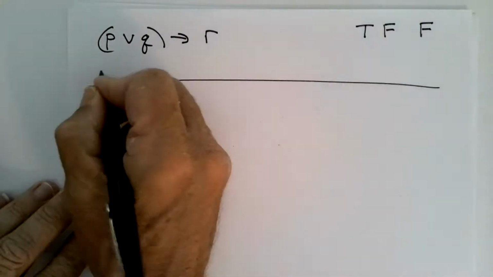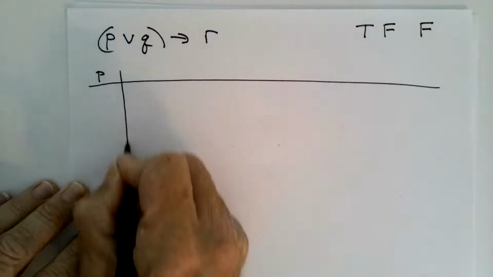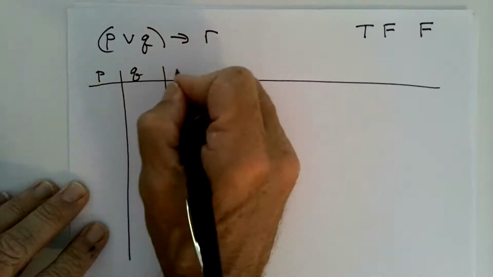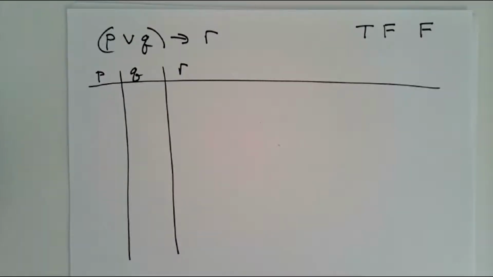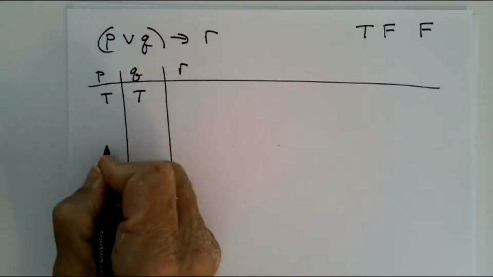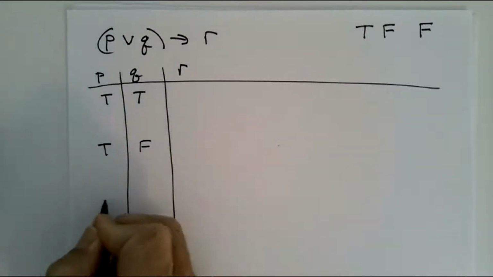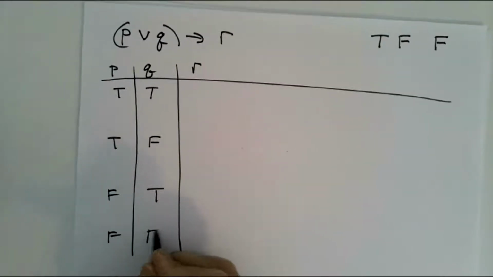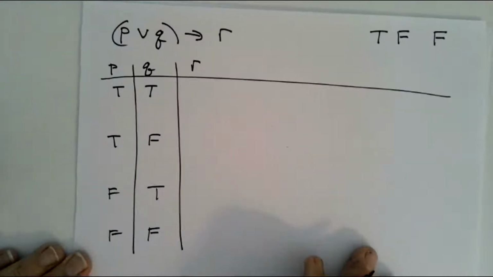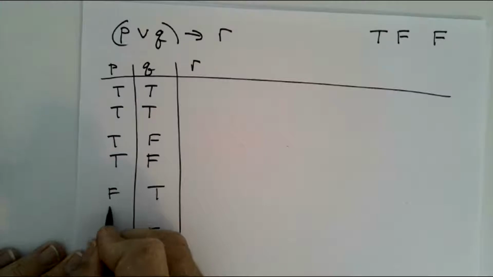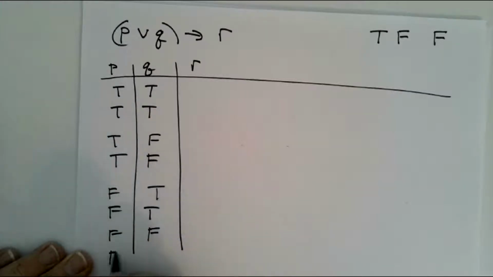Okay. So we have P, we have Q, and we have R. So true, true, true, false, false, true, false, false. Double all these up. So true, true, there twice. True, false, there twice. False, true, there twice. False, false, there twice.